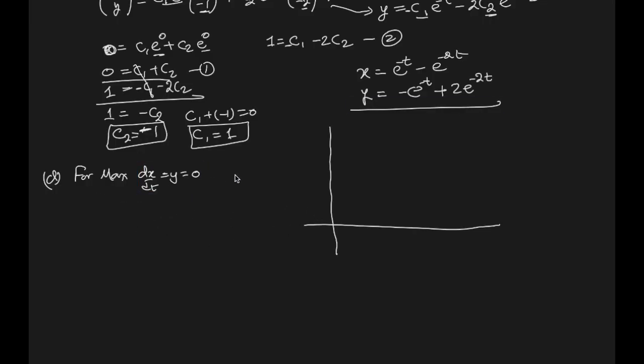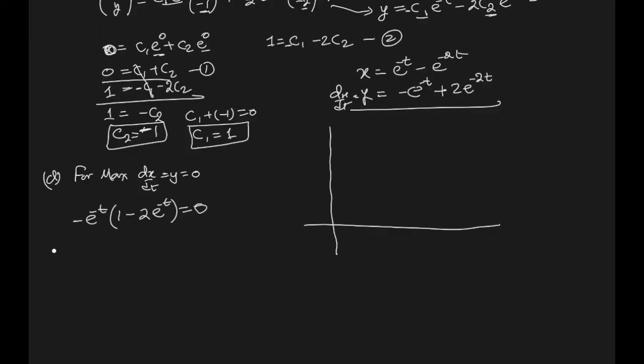So this is our dx over dt. What can we take common in this? Minus e to the power minus t. We can take it common, so this whole thing is common. 1 minus 2 e to the power minus t equal to 0, because this is dx over dt.